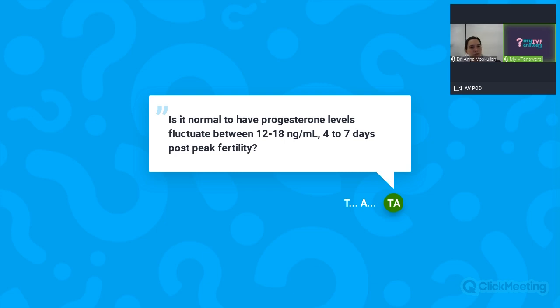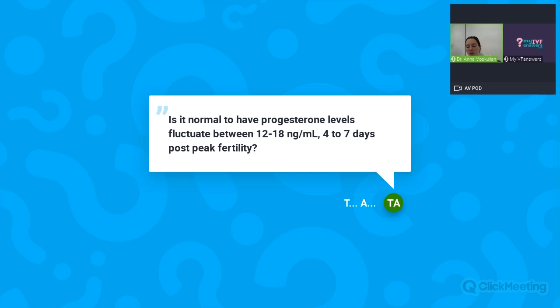The question is, is it normal to have progesterone levels fluctuate between 12-18 nanograms per milliliter 4 to 7 days post peak fertility? Yes, we can see that. The progesterone is created from the corpus luteum because the central nervous system gives pulses of LH continuously, and these pulses during the luteal phase vary, and this can create a variation of the progesterone levels.